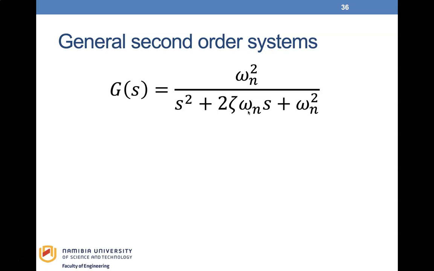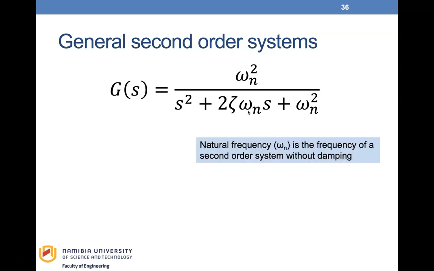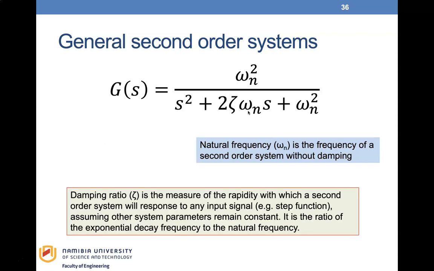The two physical quantities are the natural frequency omega subscript n, which is the frequency of a second order system without damping, and then the damping ratio zeta, which is the measure of the rapidity with which a second order system will respond to any input signal, for example a step function, when we assume that all the system parameters remain constant. It is the ratio of the exponential decay frequency to the natural frequency.